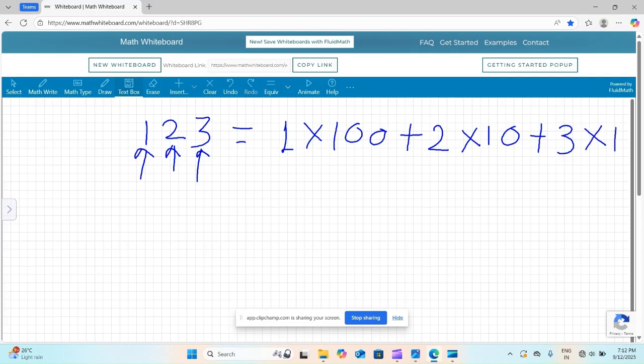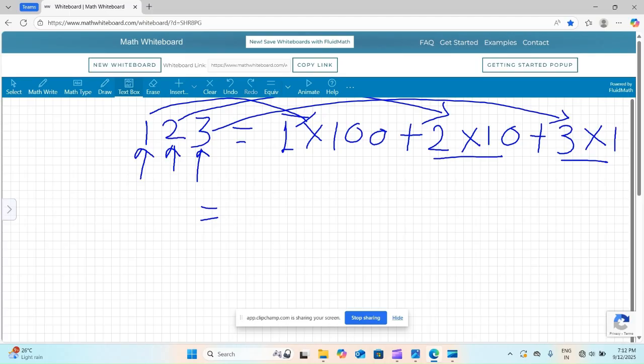The expanded format is something like this: 1 into 100, so this is the 1. 2 into 10, this 2 we are saying, and 3 into 1 as this is the ones. So it becomes 100 plus 20 plus 3.